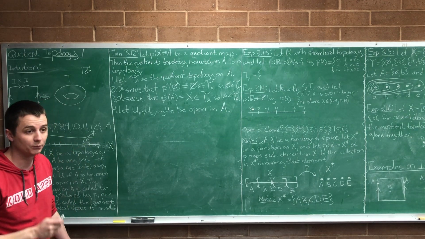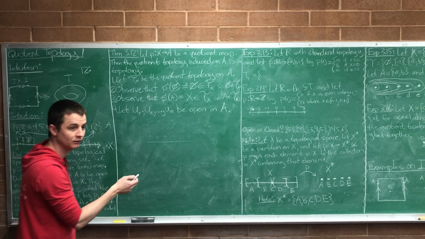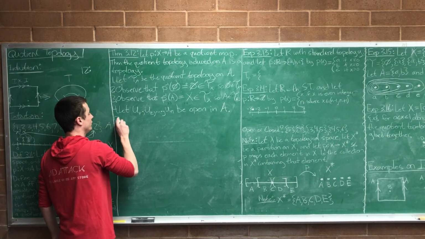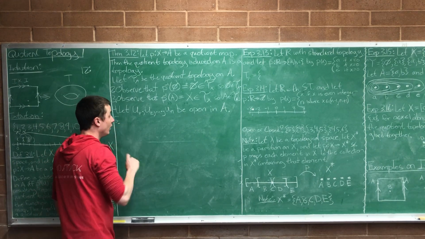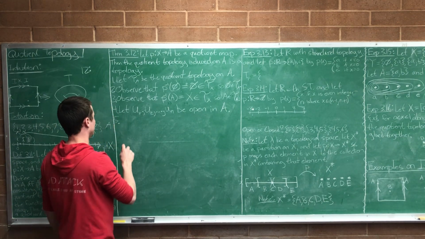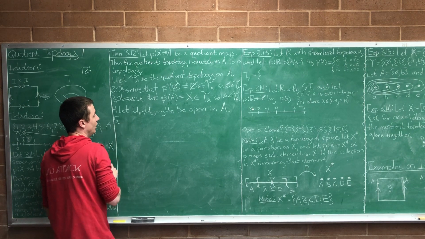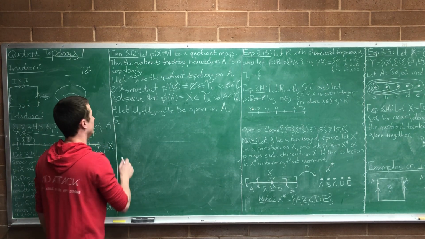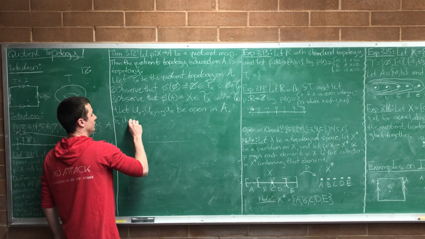Start out with a finite number of open sets in A. We need to show that their intersection is also open in A. Should we name the intersection of all these things? Maybe we'll say this.